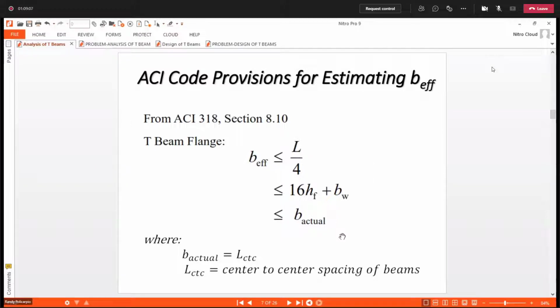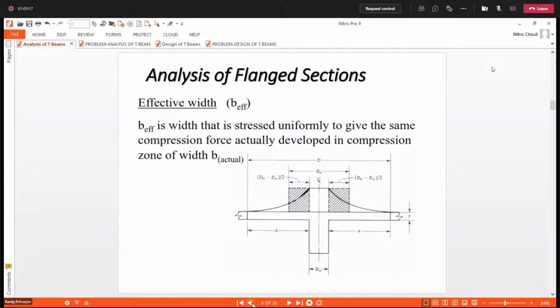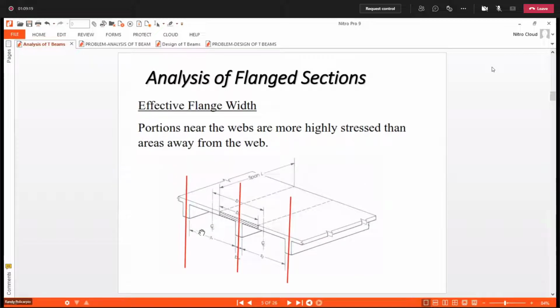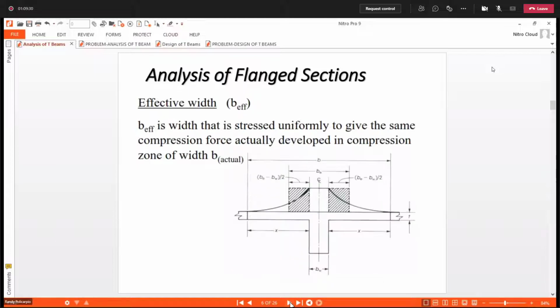Yung B actual dito is the center to center spacing of beams. So gaya ng nabanggit ko kanina sa inyo, it can be measured by taking 1/2 here, S1 over 2 plus S2 over 2 plus BW. So kagaya din yan ng center to center spacing.